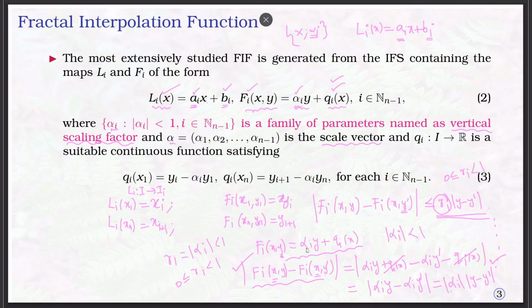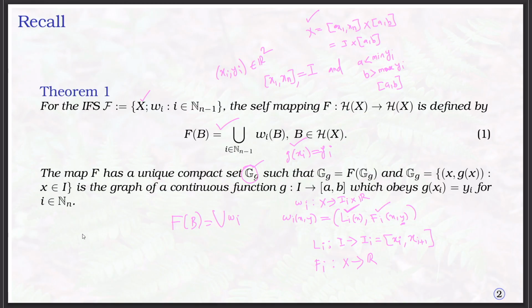So, what is the role of this alpha i? It contracts in the y direction. If you take any 2 points, say y1 and y2, and apply the mapping Fi on them, then obviously it will contract.